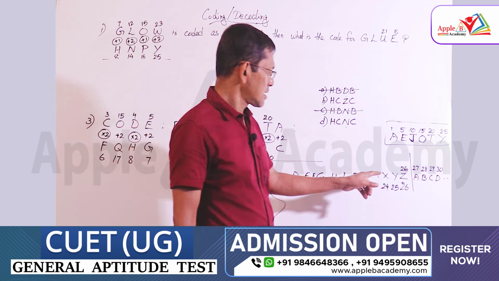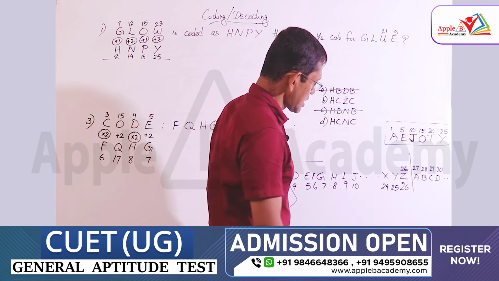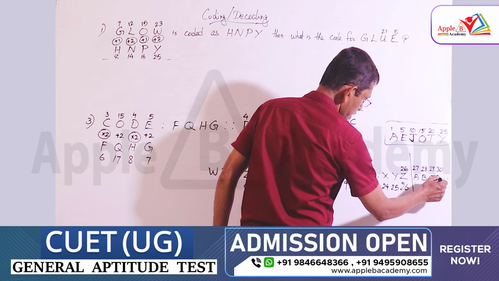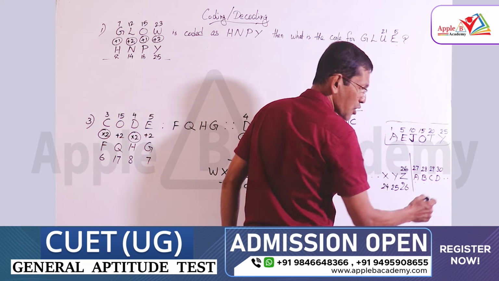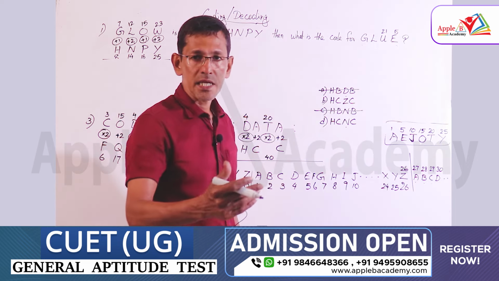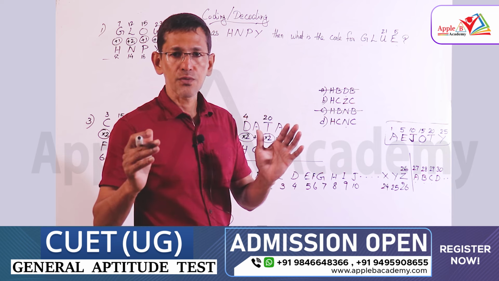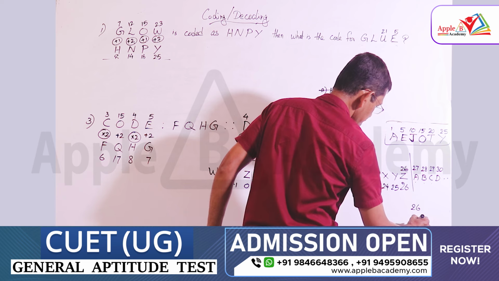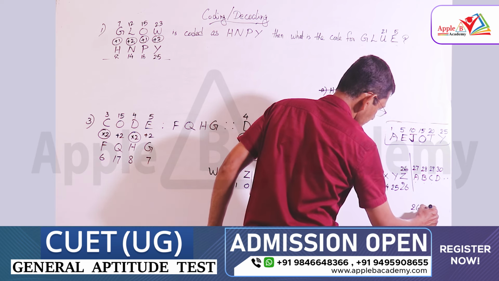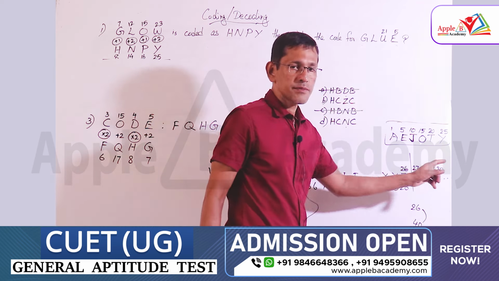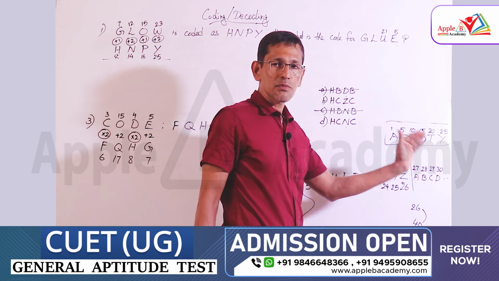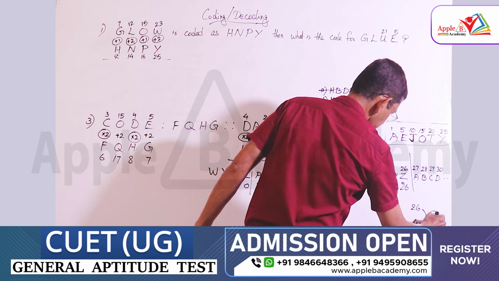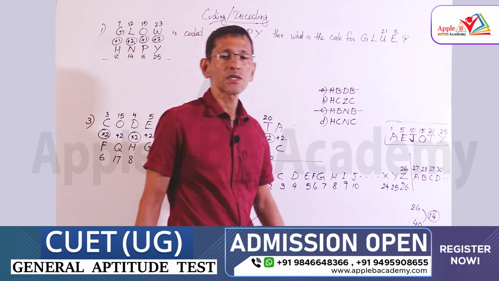From 26, how many more letters are required to reach 40? 26 plus 14 is 40, right?